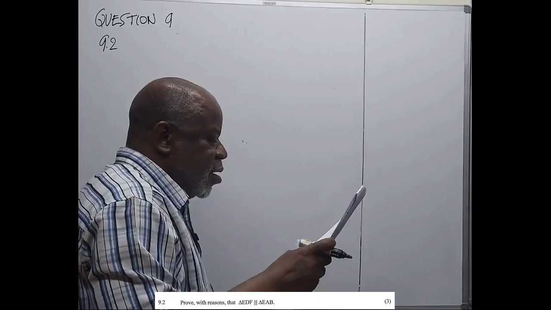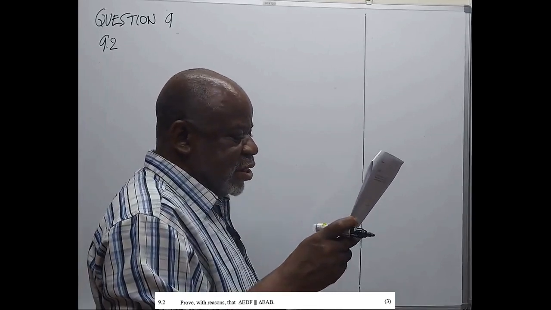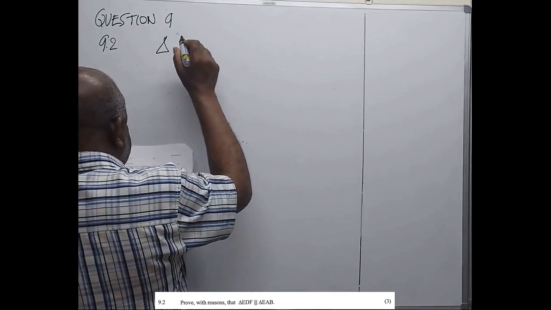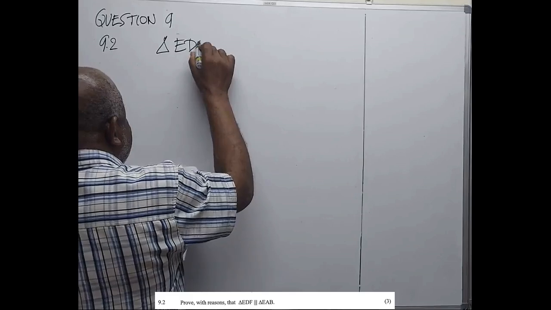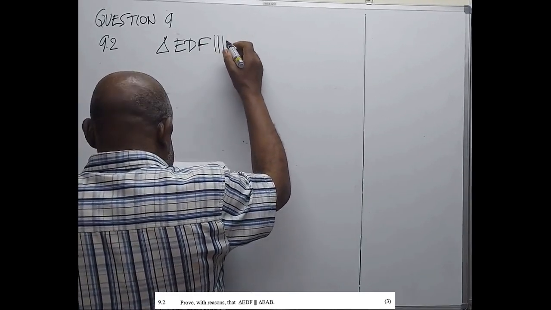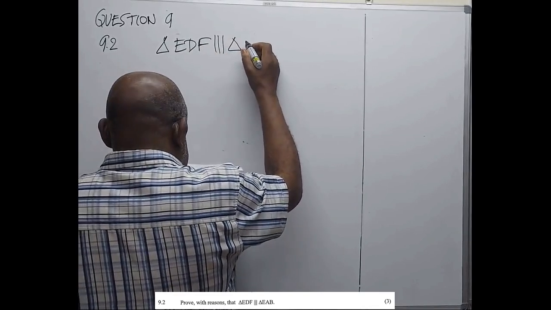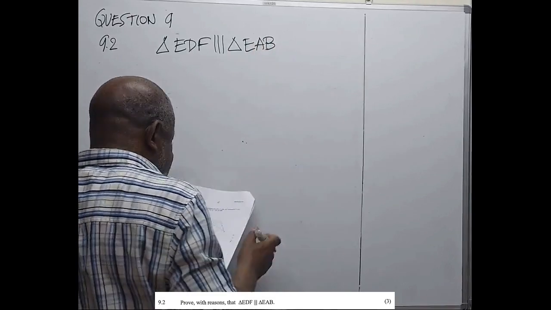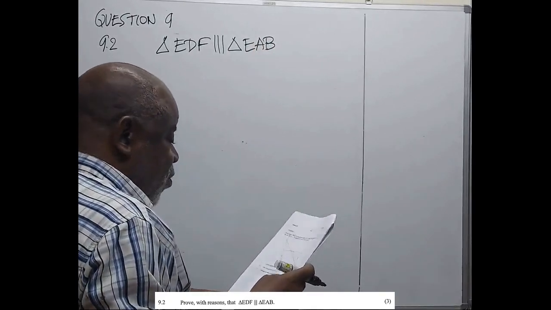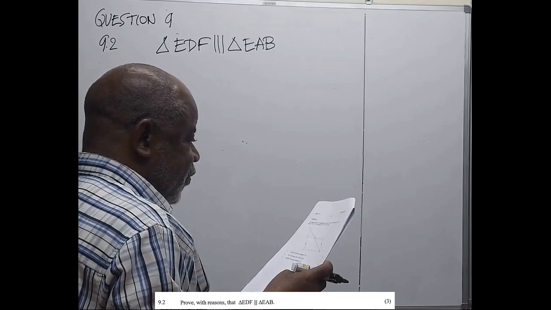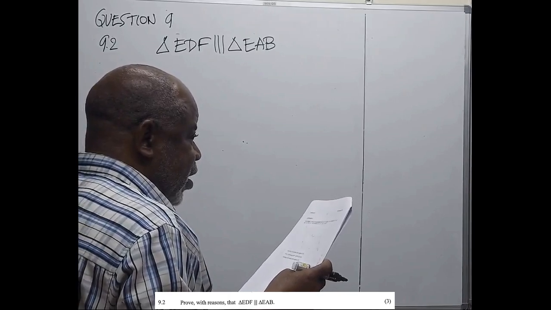They say, prove with reasons that triangle EDF is similar to triangle EAB. This is what they want us to prove with reason. The triangle EDF is similar to triangle EAB.